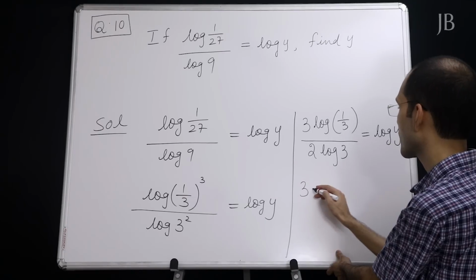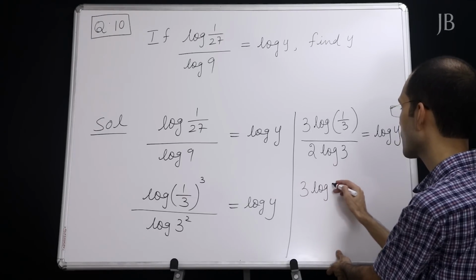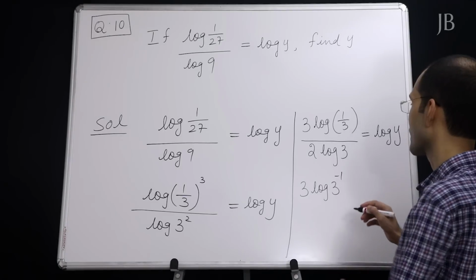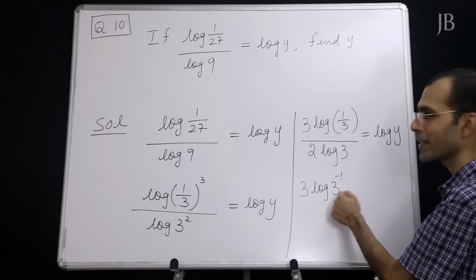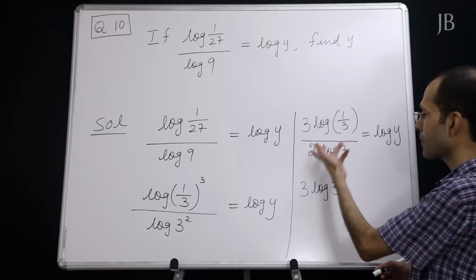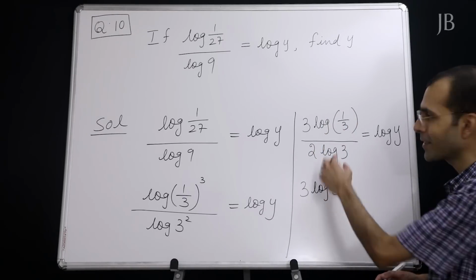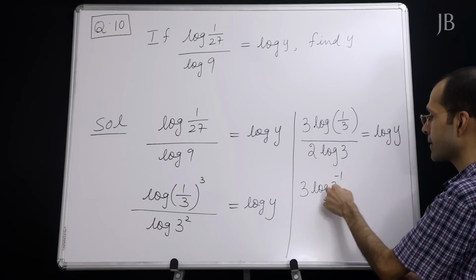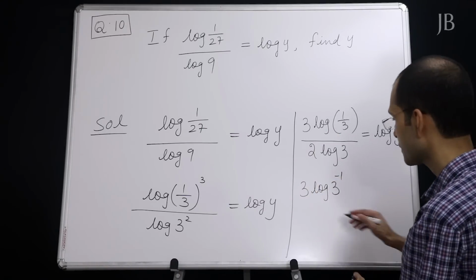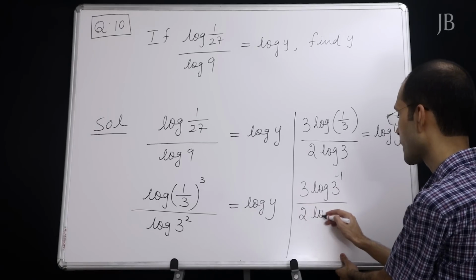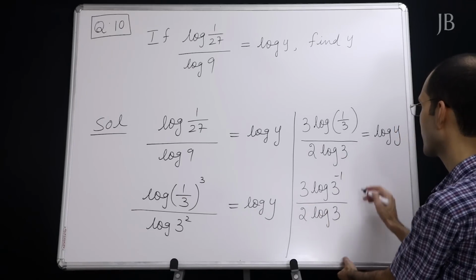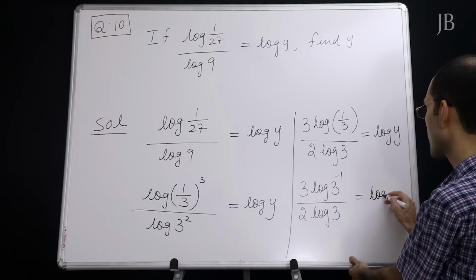Now you write this as 3 log 3 raised to minus 1. See, 3 raised to minus 1 is what? 1 by 3. And this is log of 1 by 3. So both are equivalent. Only this 1 by 3 I have written as 3 raised to minus 1, upon 2 log 3. This will come as it is, equal to log y.